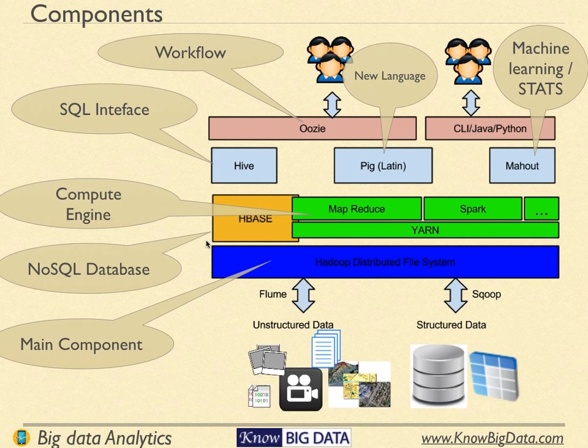Similar to Hive, you have Pig Latin, which is a language like SQL, but very simplified. You write your Pig Latin, and that again gets translated into the MapReduce paradigm and executed on Yarn. So you write your logic in the form of SQL-like statements, and those statements become MapReduce programs internally, which are then executed by MapReduce on top of Yarn.